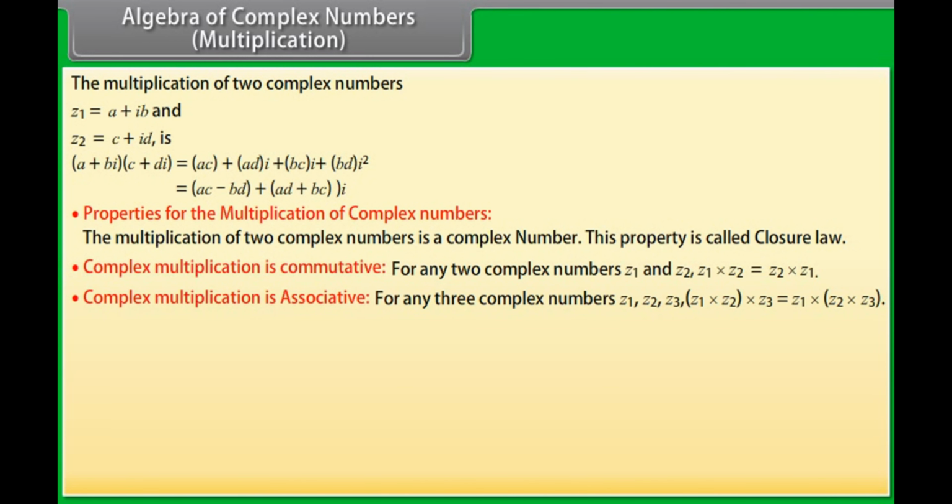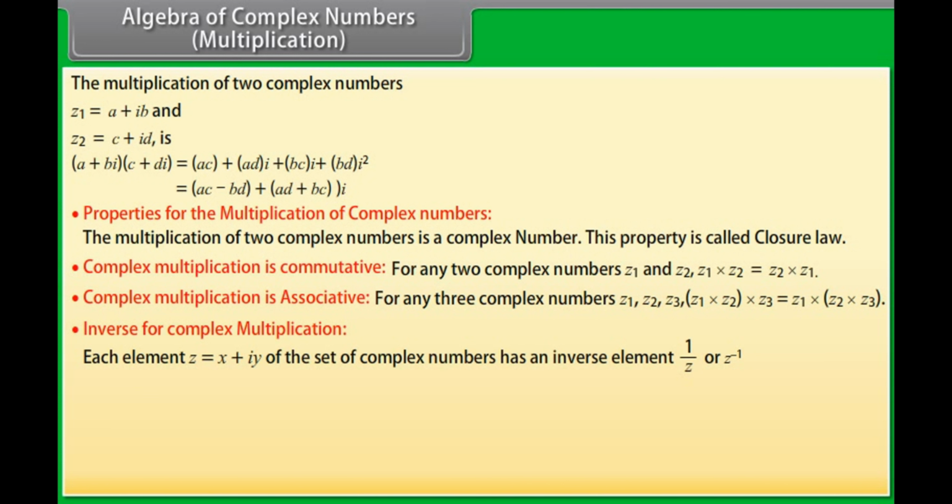For any three complex numbers Z1, Z2, Z3, Z1 into Z2 into Z3 is equal to Z1 into Z2 into Z3, grouped either way. Inverse for complex multiplication. Each element Z is equal to x plus iota y of the set of complex numbers has an inverse element 1 by Z or inverse of Z.